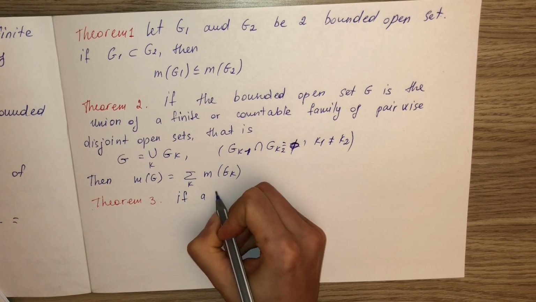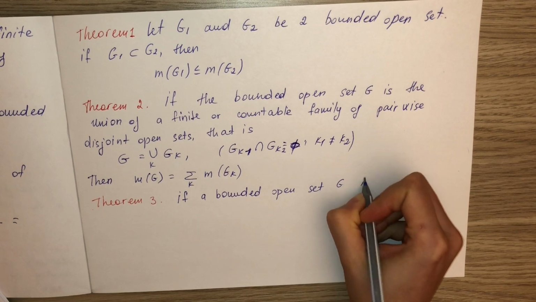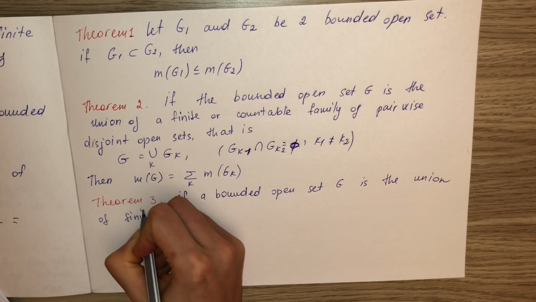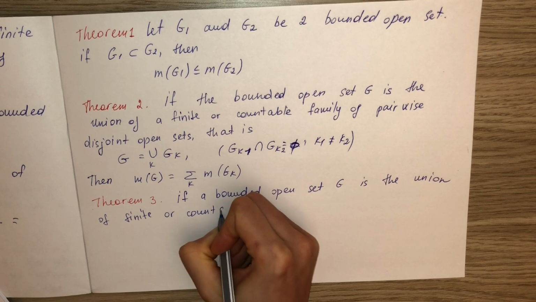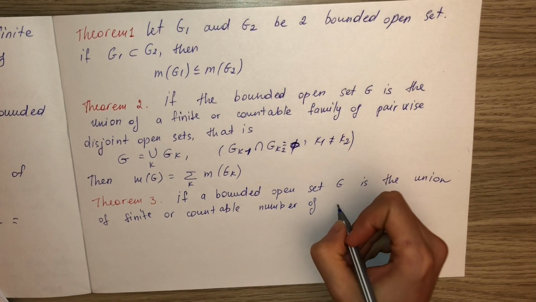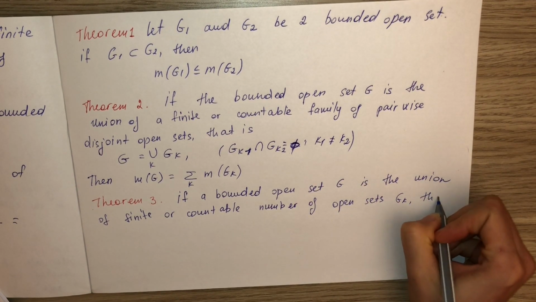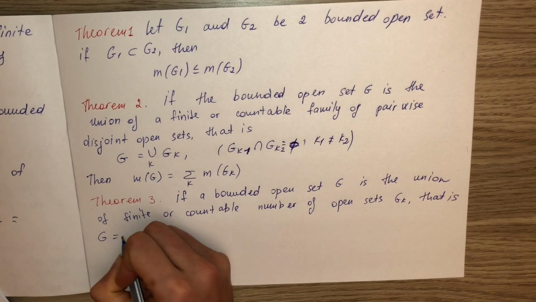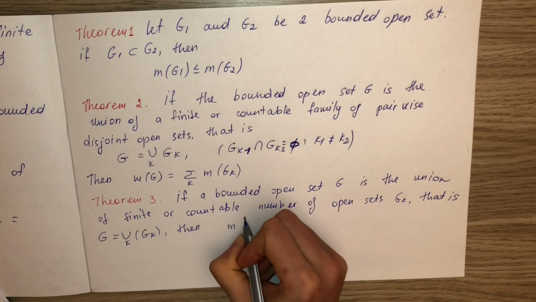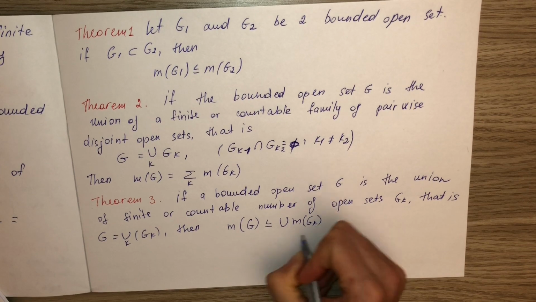If a bounded open set G is the union of a finite or countable number of open sets G_k, that is G is equal to the union of G_k, then m(G) is less than or equal to the sum of m(G_k).